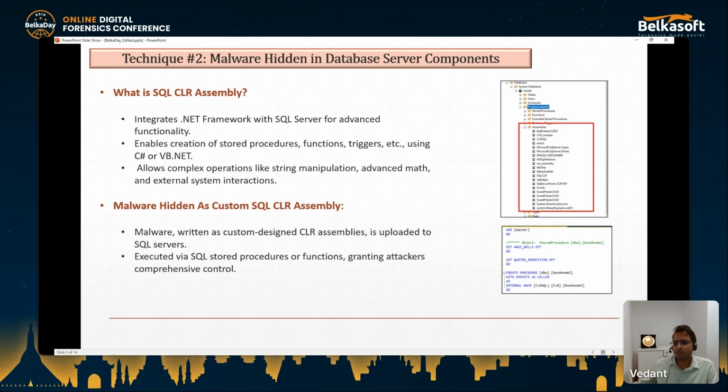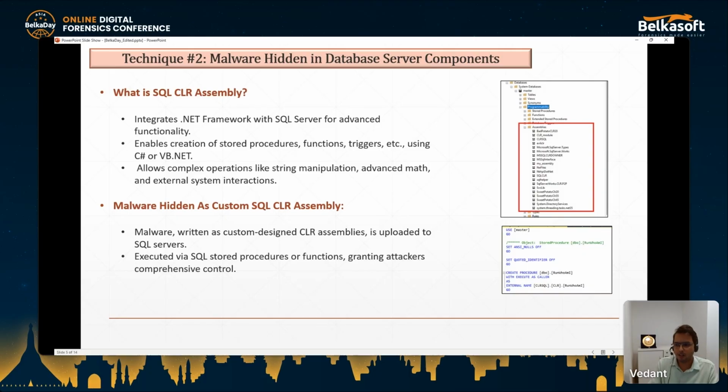Now the question is whether detection is possible or not. There is a similar problem that we have seen in the case of the Windows registry: traditional antivirus or monitoring tools consider the database a whitelisted application, and that's why there is no enhanced monitoring.